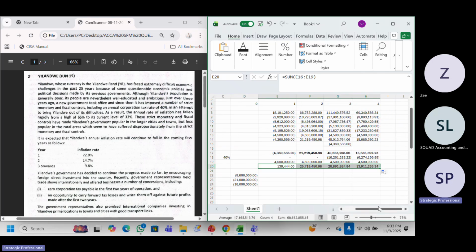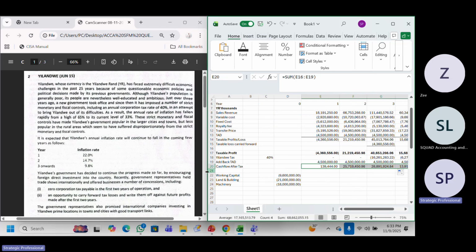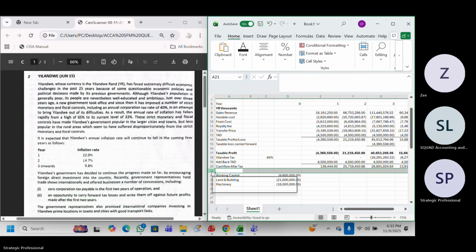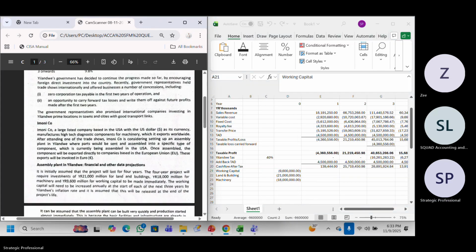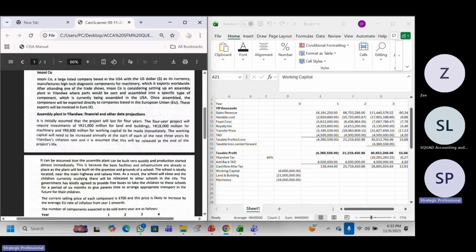They told us something about the working capital, if you remember. They said it will be growing by something. The working capital will need to be increased annually at the start of each year of the next 3 years by Yilande's inflation rate.